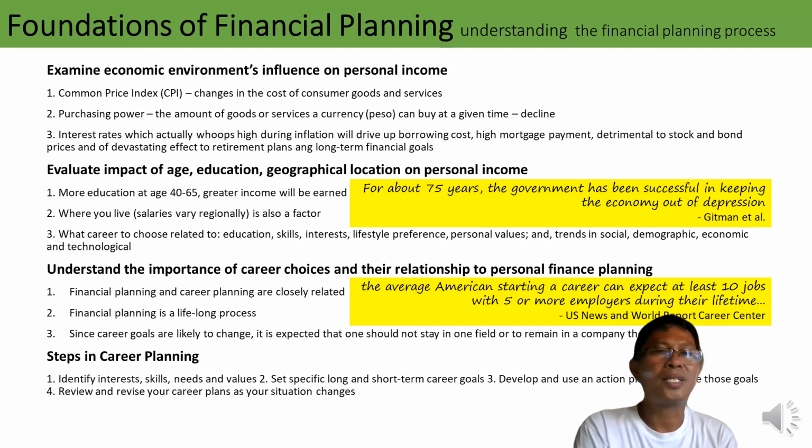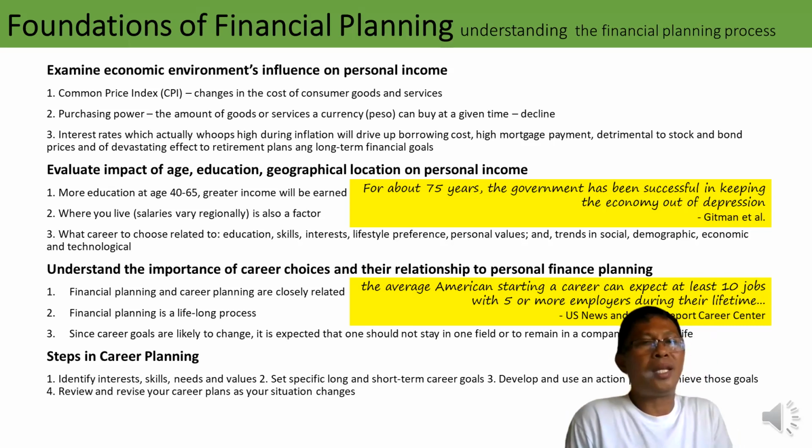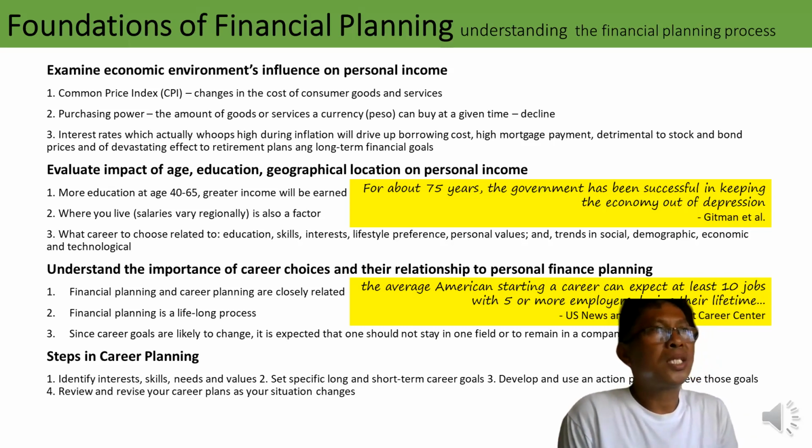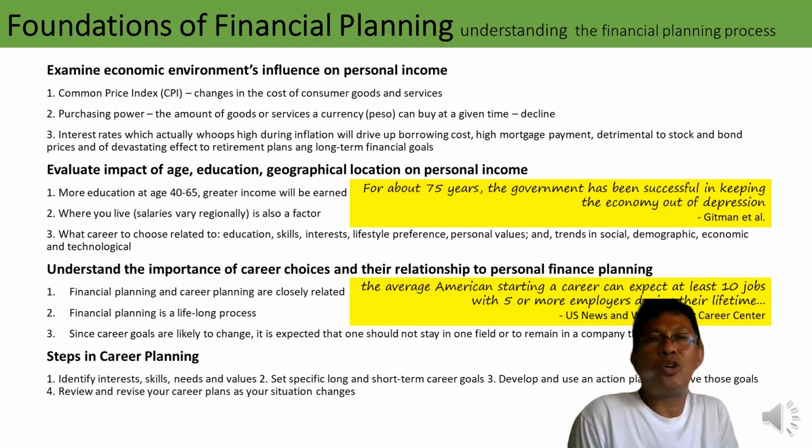And then next is we have to evaluate the impact of age, education, geographic location sa ating mga personal income. Now, ideally, dapat daw ang tao mayroong mas maraming edukasyon kapag you reach 40 to 65. Now, sa akin, medyo na-comply ko na to kasi ang dami kong edukasyon.